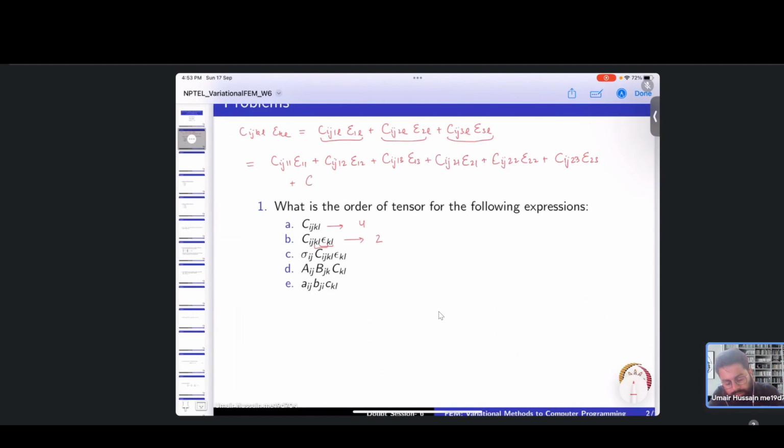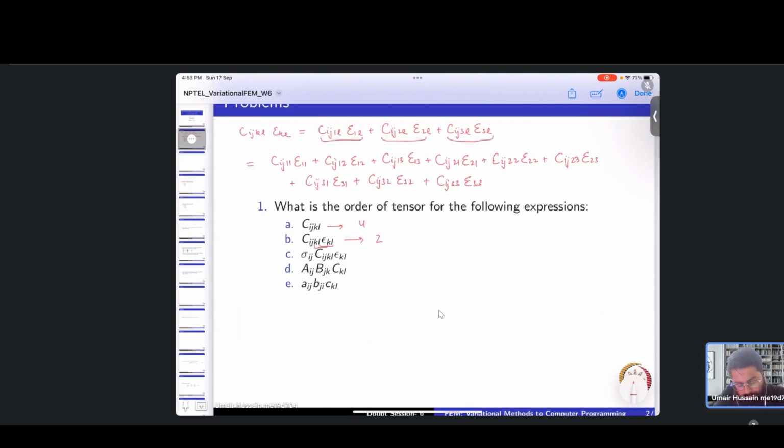We have Cij31 epsilon 31 plus Cij32 epsilon 32 plus we have Cij33 epsilon 33. So this is one whole big quantity. Then we still have I and J as the free indices. So this whole group of terms represents a second order tensor.